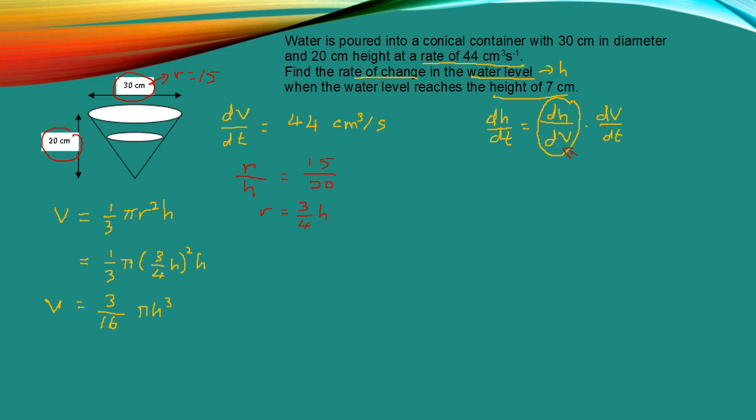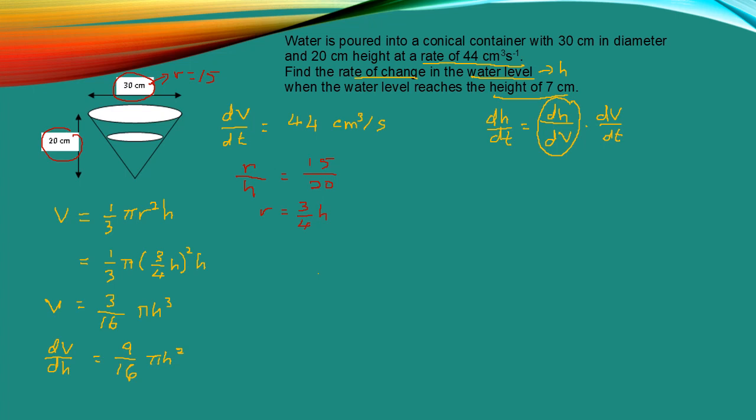From here we can differentiate function V with respect to h. So we get dV over dh equal to, differentiate 3 over 16 pi h to the power of 3, we will get 9 over 16 pi h to the power of 2.